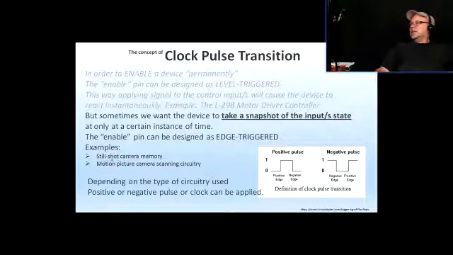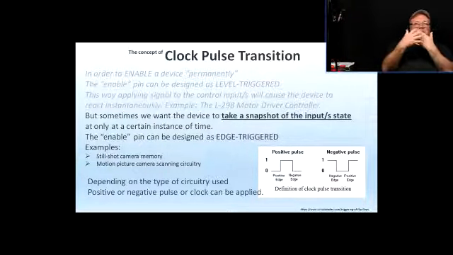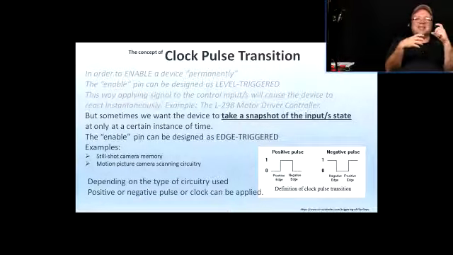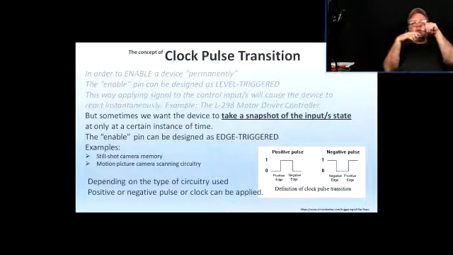Well, still shot camera memory. There's an analyzing element behind the lens of the camera, and you push that little trigger button, if you want to call it that. The memory circuitry of the camera is going to see a bunch of stuff on its inputs, but it's not going to react to it.